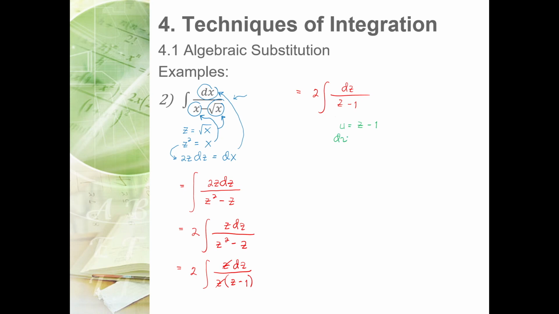So du, getting its derivative, will be dz minus 0. So your z minus 1 is replaced by the u parameter. Your dz will be replaced by du.